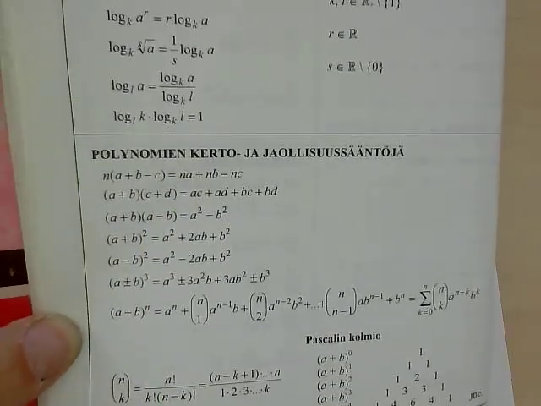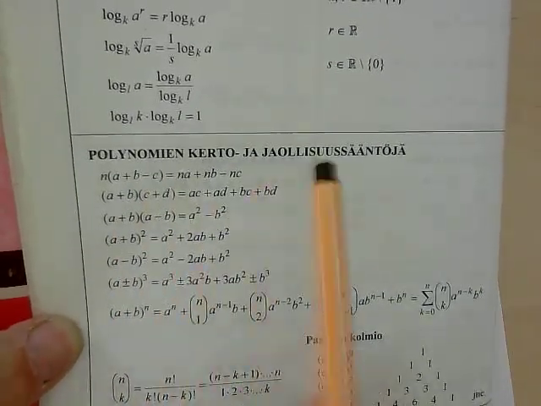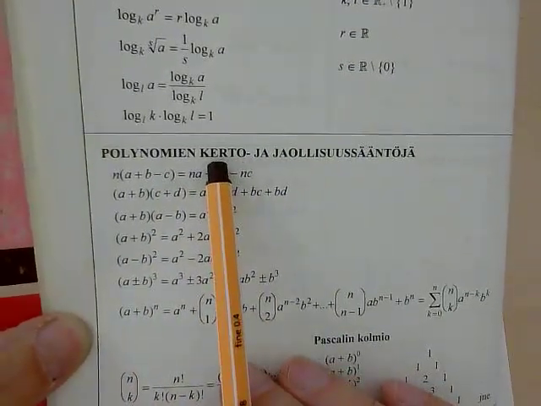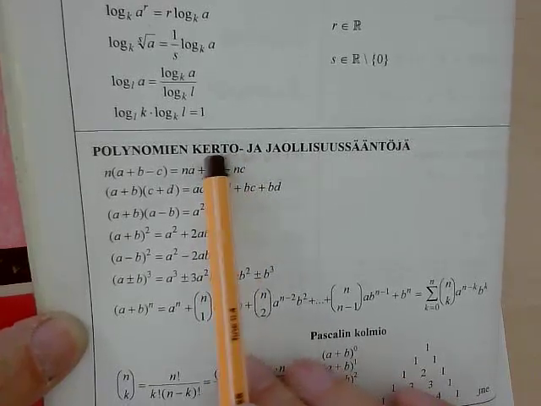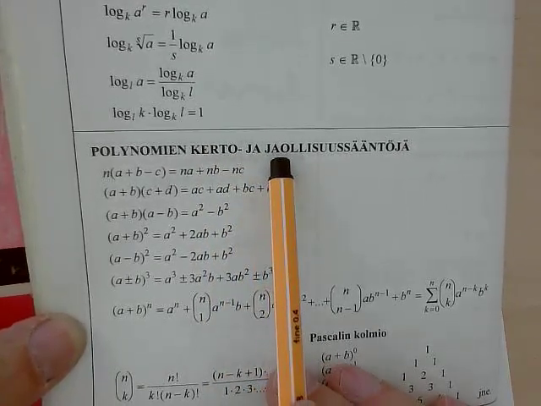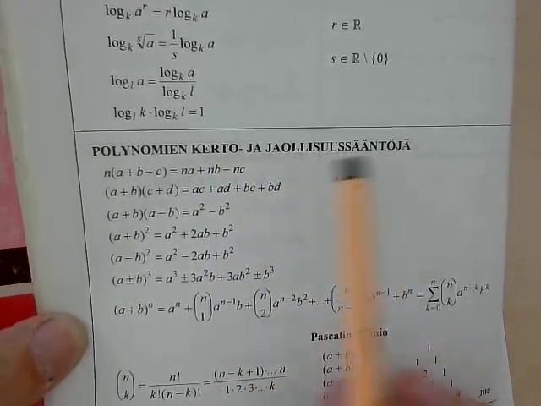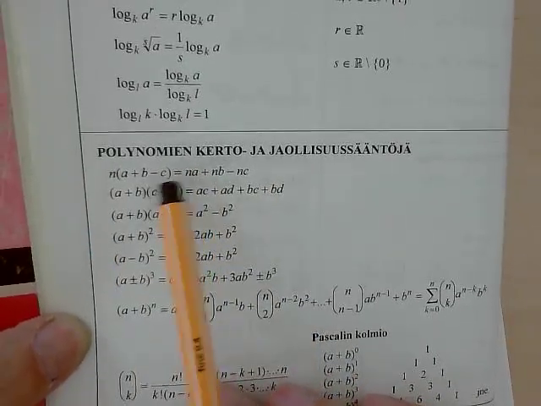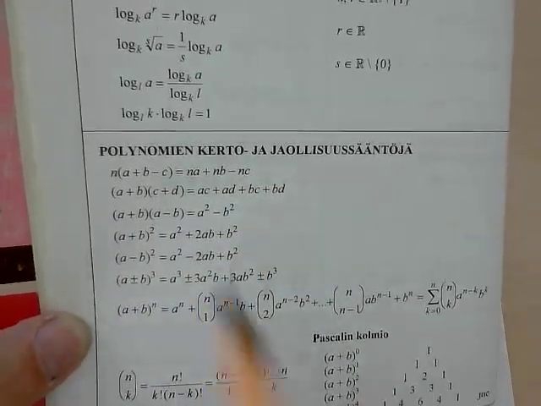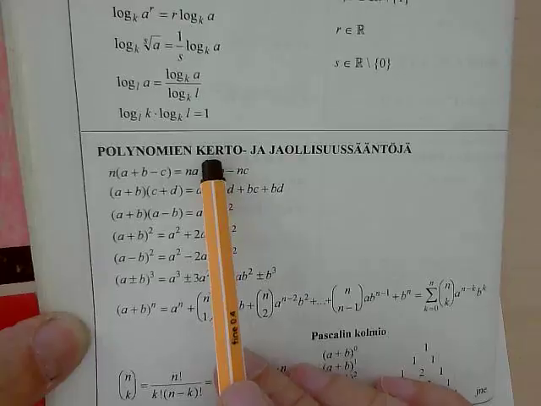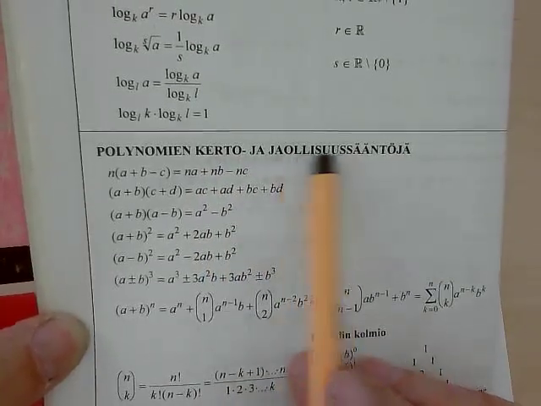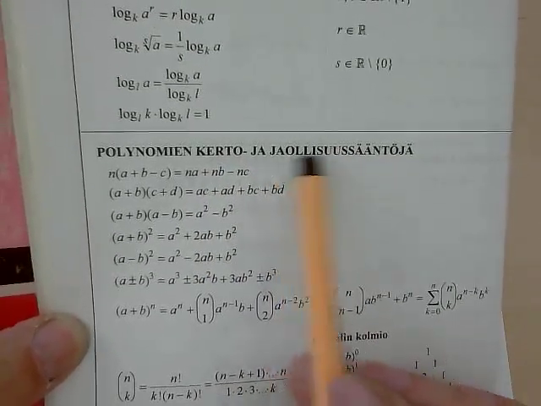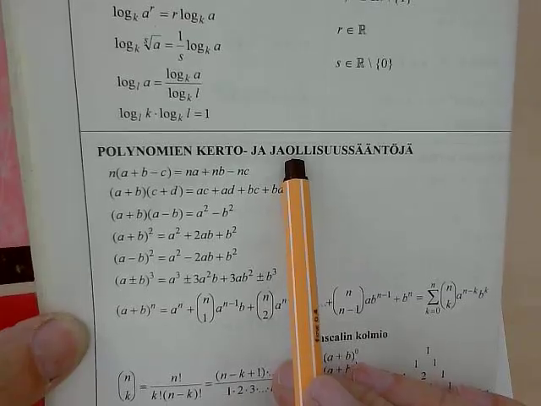Translated, it is written in a different order than in English: multiplication and division rules for the polynomials. It is in Finnish. Kertolasku is multiplication, and this means something like division.